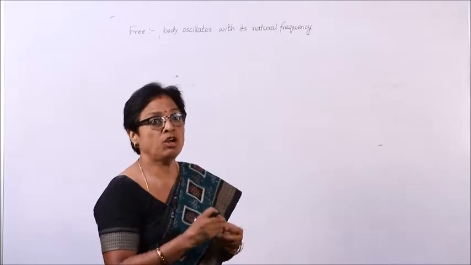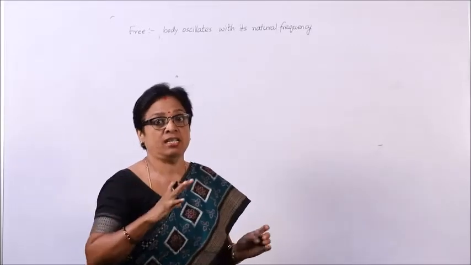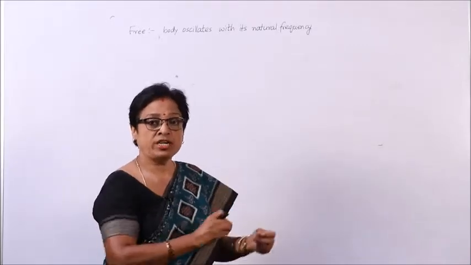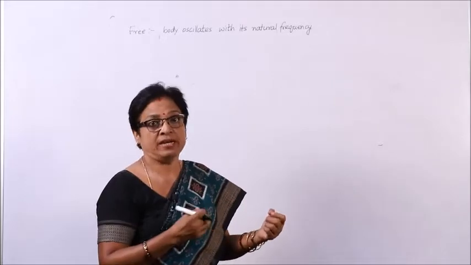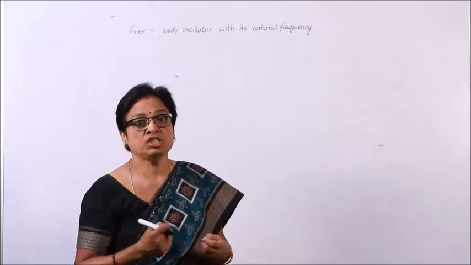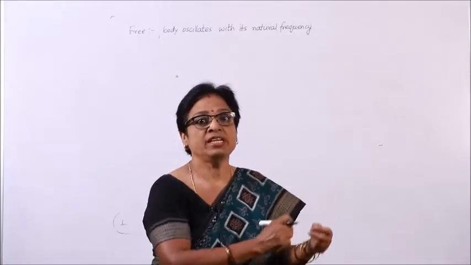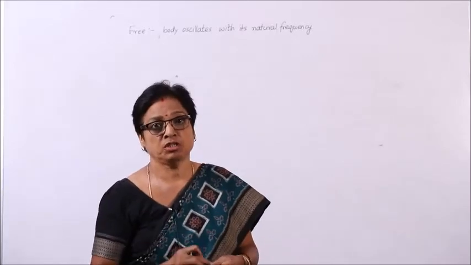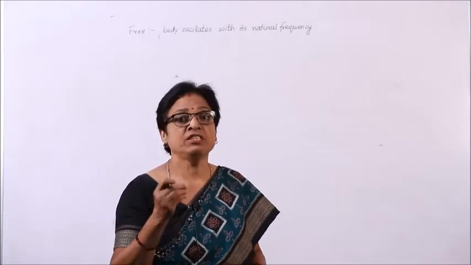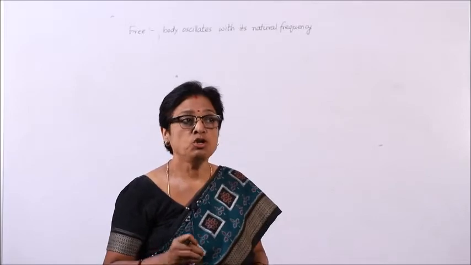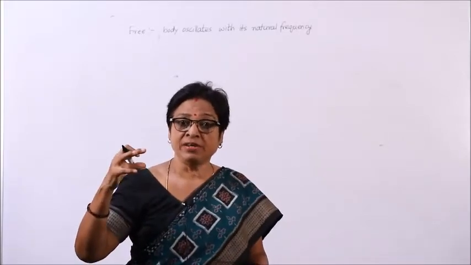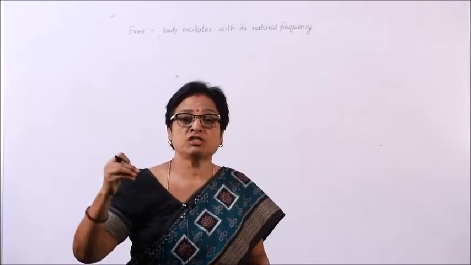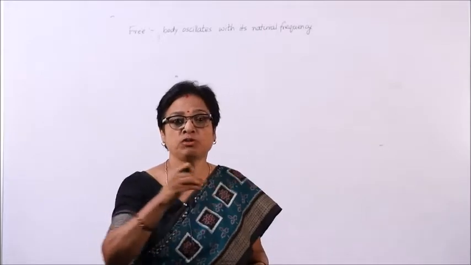Like your simple pendulum, you disturb it a little and leave it. Then on its own, whatever is the force coming in the system, that force is making it move. So, this is a free motion of the simple pendulum. Similarly, in the case of mass and spring also, once you disturb and leave it, it continues its motion, to and fro motion.